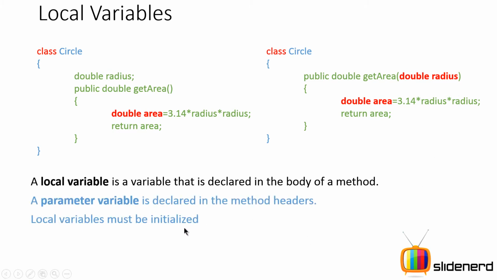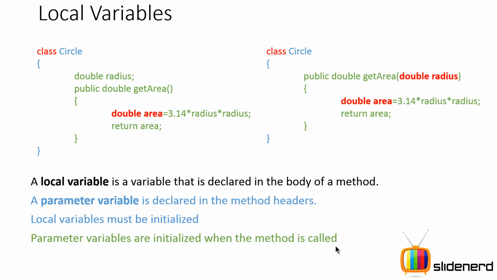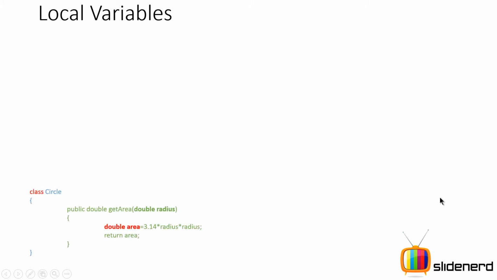Local variables must be initialized before using them. Parameter variables are initialized when the method is called. Like you saw, we said myCircle.getArea, and in the brackets we said 3.5, so that 3.5 goes from our main method on the left side to this double radius parameter on the right side. So that is about local variables and parameter variables.